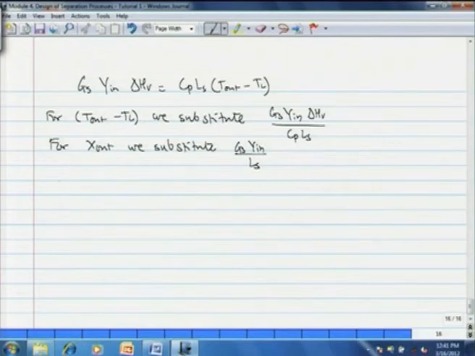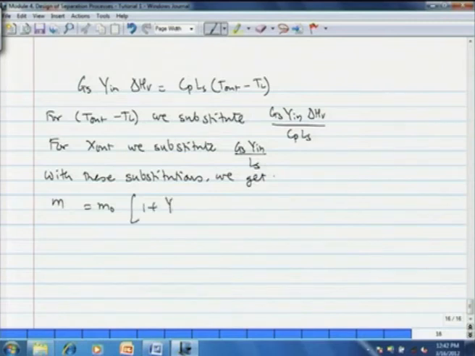And with these substitutions, we get M is equal to M naught into 1 plus Y in into the bracket 2 into A21 minus 2A12 plus delta HV square divided by R Cp TL square, bracket complete, into Gs by Ls.